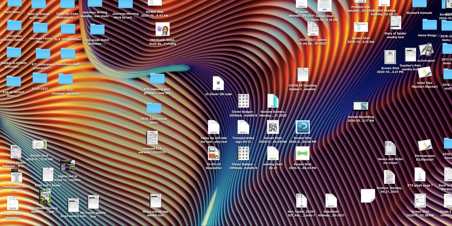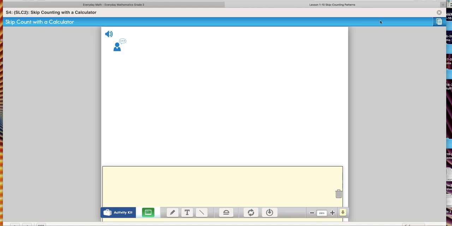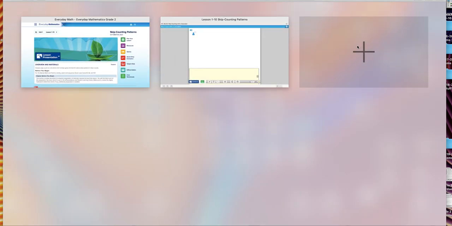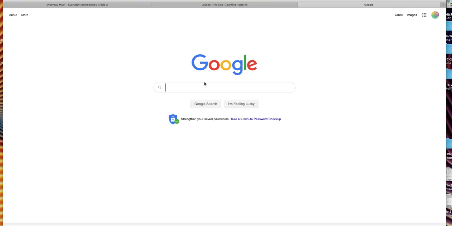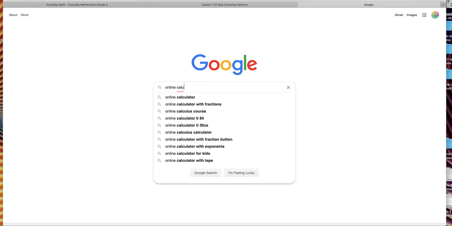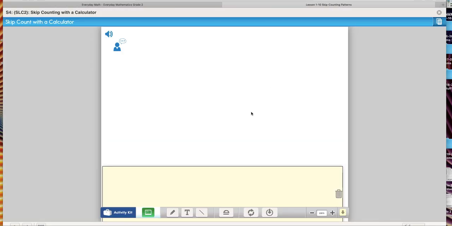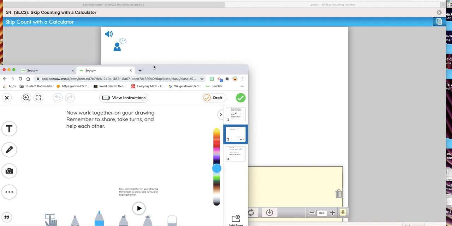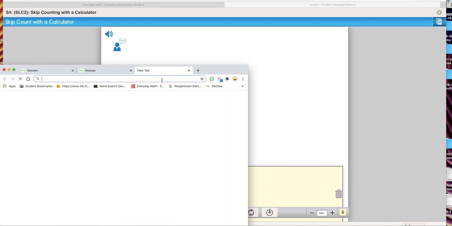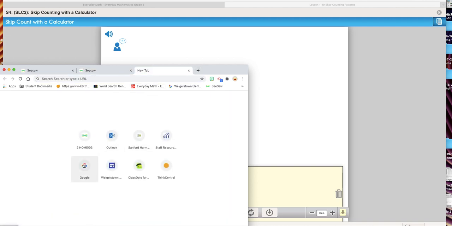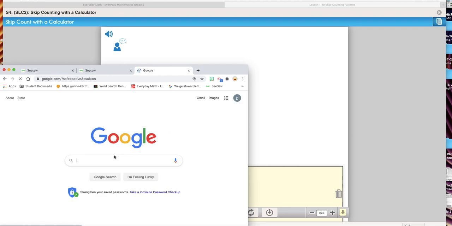I think I can find a calculator on the computer. Let me find my online calculator. Here we go. Online calculator. Let me find my Google and find an online calculator.